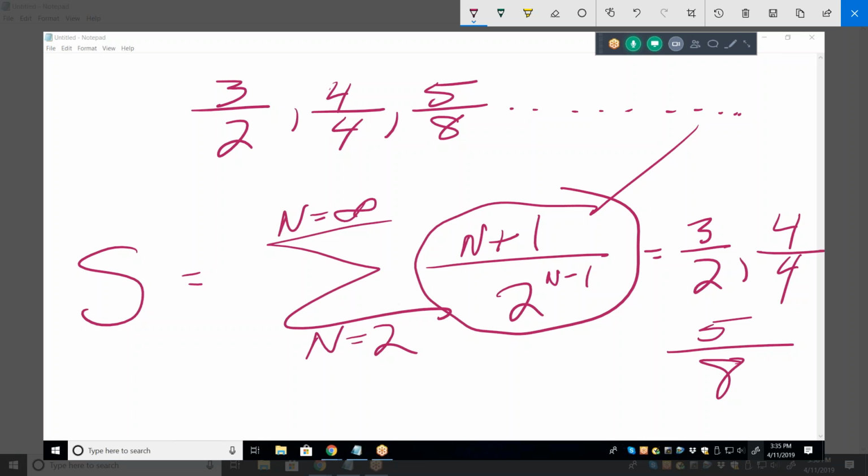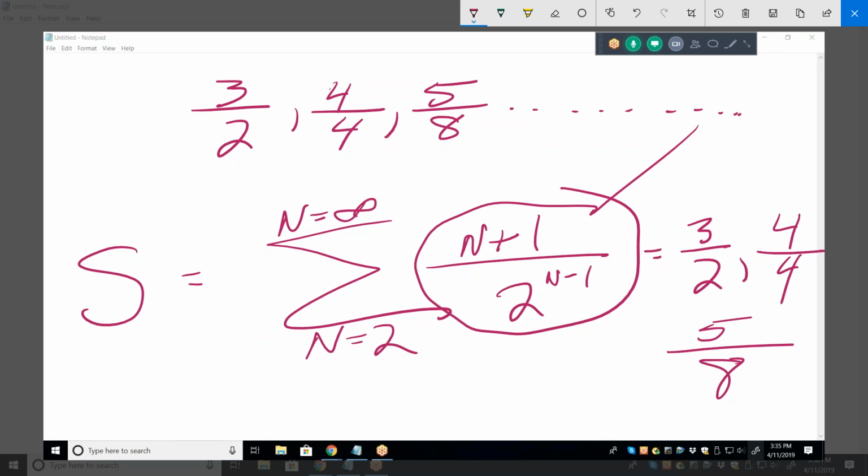Now the question is how to evaluate that. In other words, it's hard enough just finding that, figuring it out. Now let's see. There are some things I can do here algebraically.